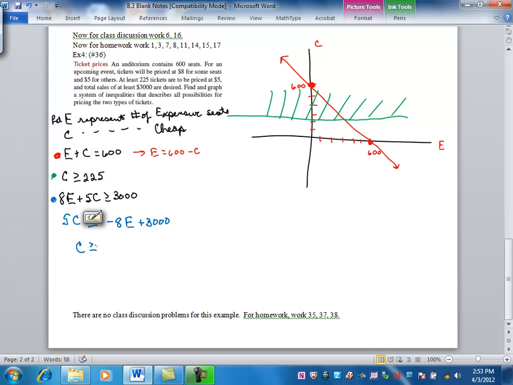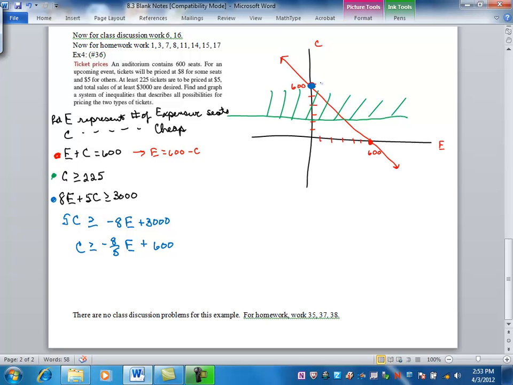So C is greater than or equal to negative 8/5 E plus 3,000 divided by 5, which is 600. Well, isn't this convenient? When E is 0, C is 600. So that point happens to be on both lines.